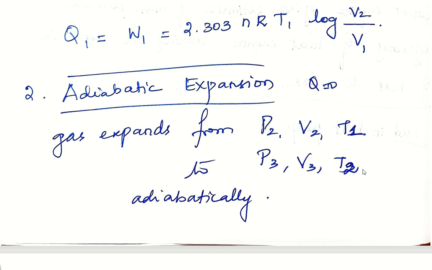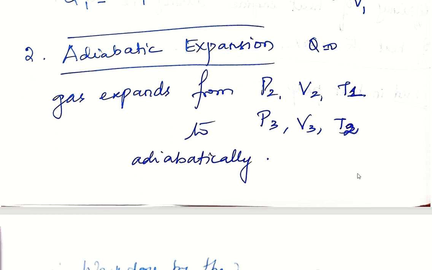Therefore Q equals 0, and the gas expands from P2 to P3, and the volume changes from V2 to V3. The temperature cools down from T1 to T2 adiabatically, because the gas expands and we have removed the heat reservoir.